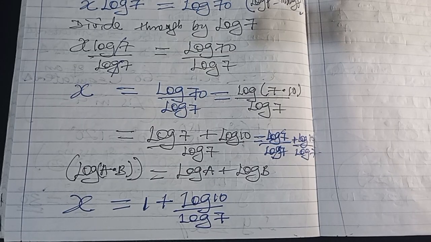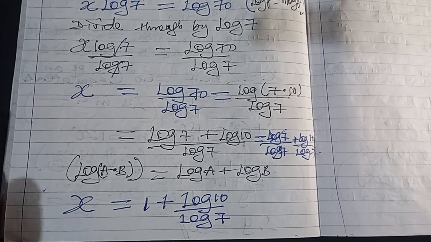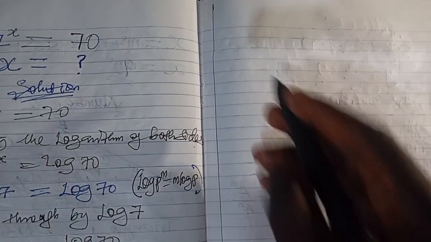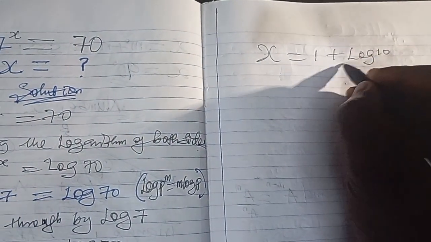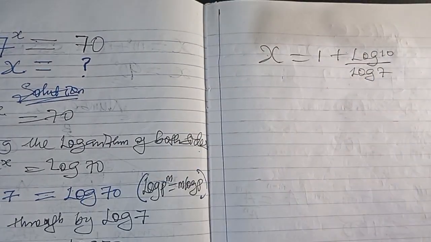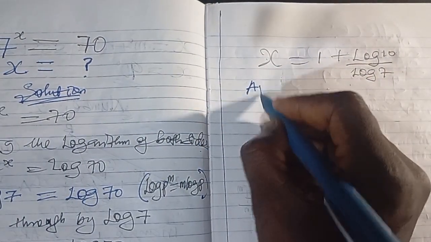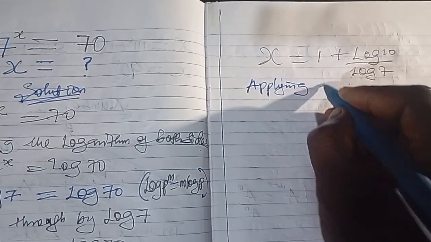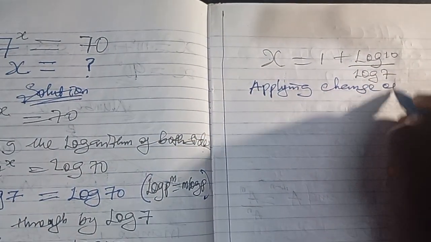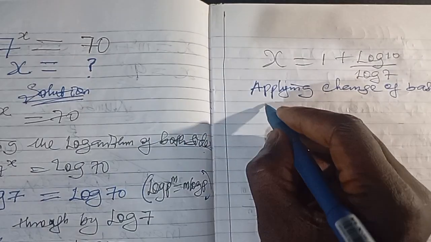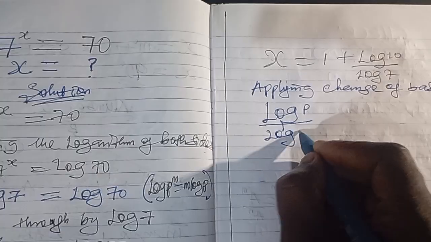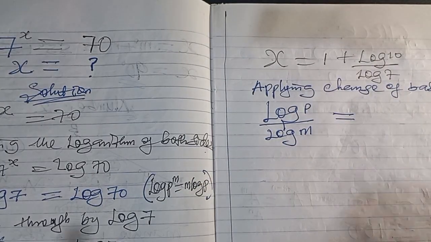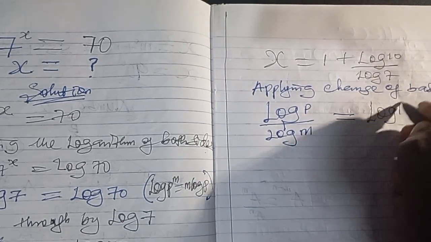Now let's proceed to apply change of base. Remember we had x equals 1 plus log 10 divided by log 7. Applying change of base, when you have log p divided by log m, it will give you log p base m.